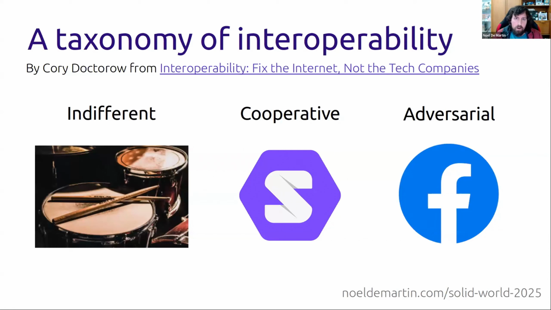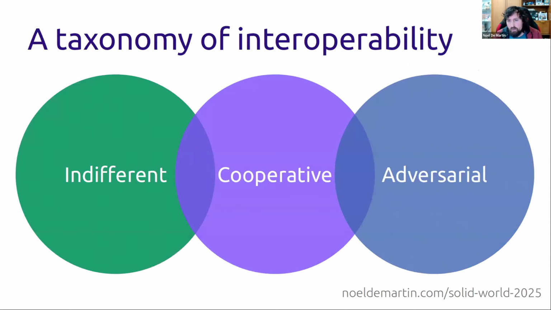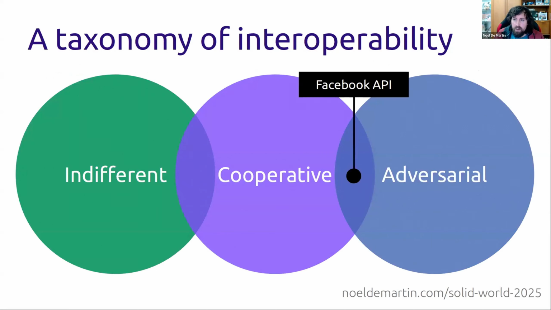But even at this level, we can still go deeper and see more examples. And everything is not black and white still. So for example, if we look between cooperative and adversarial, we have the Facebook API. I just said that Facebook is using adversarial interoperability, but they have some features where they actually have cooperative interoperability. And that is what they expose through their API.